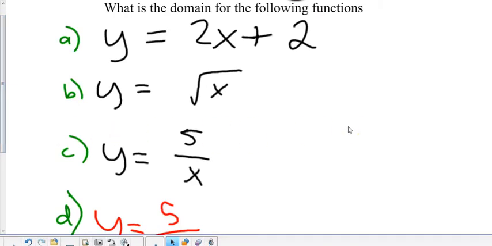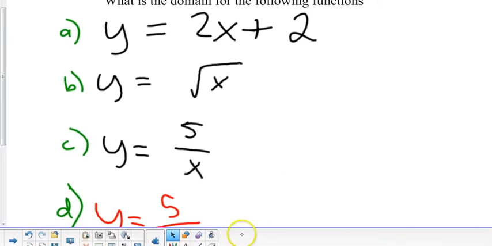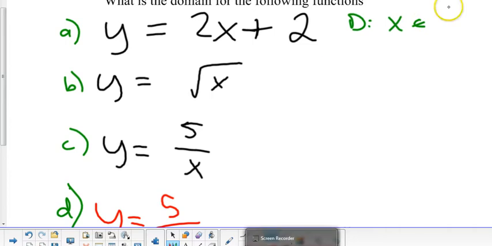The domain would be x can be an element of the set of real numbers, or you can say x is any real number.